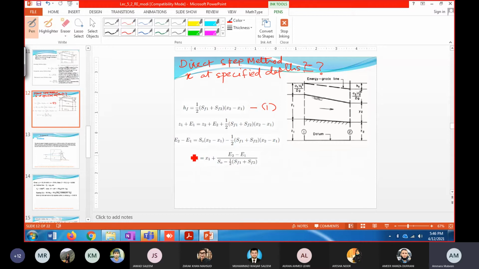And then the final equation, you can directly use this equation. This is the result of the above three equations. Okay, so through this equation, the equation for the direct step method, you can easily find out the x2 distance. Let's check one example.